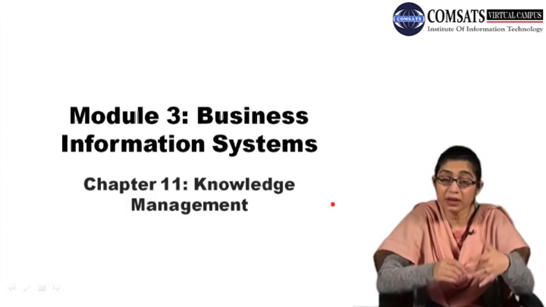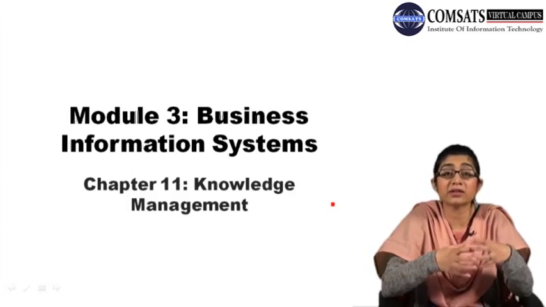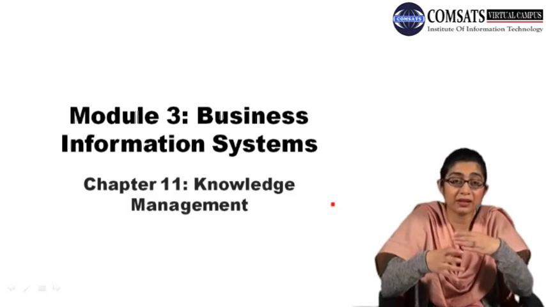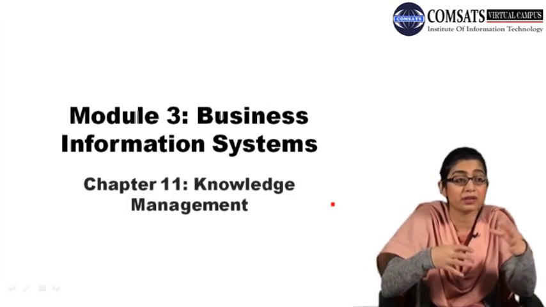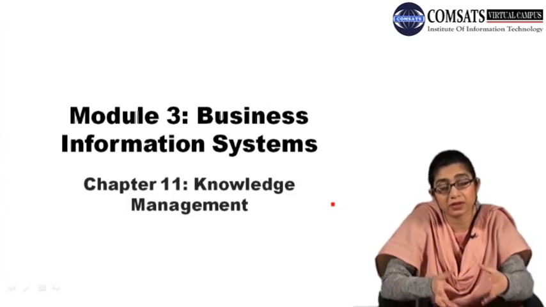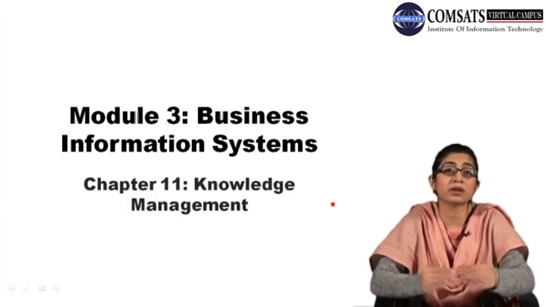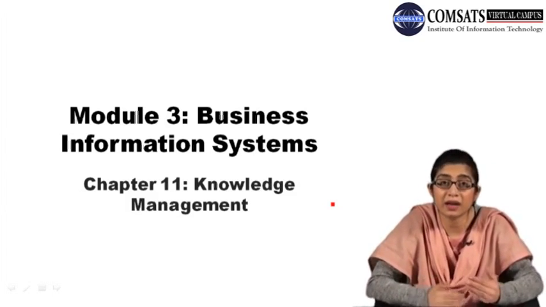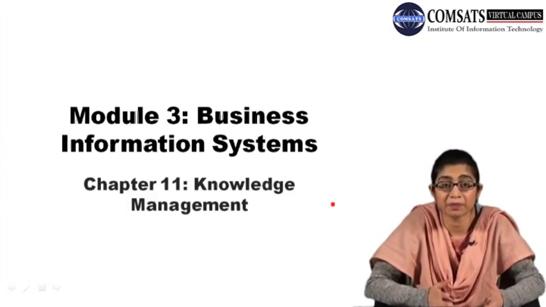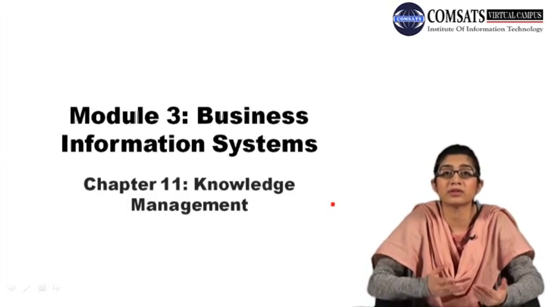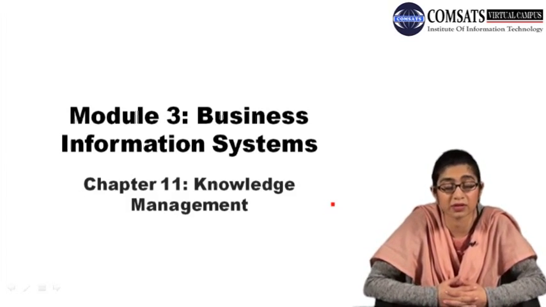Then it supports different kinds of decision making levels as well. Like we said, there are different kinds of decisions: structured decisions, unstructured problems and semi-structured problems. All of these problems working at the different management levels have different kinds of solutions, and the decisions they have to take are at different levels.